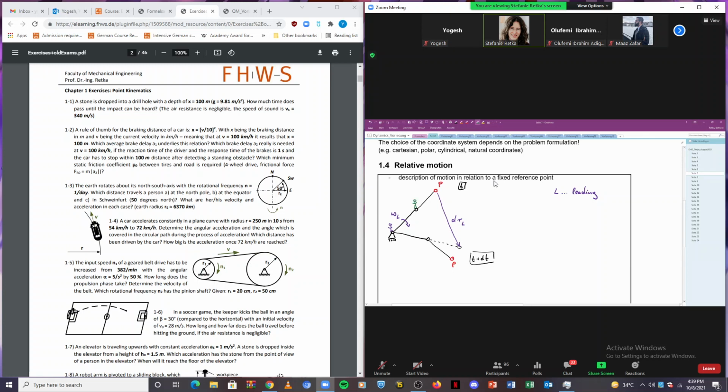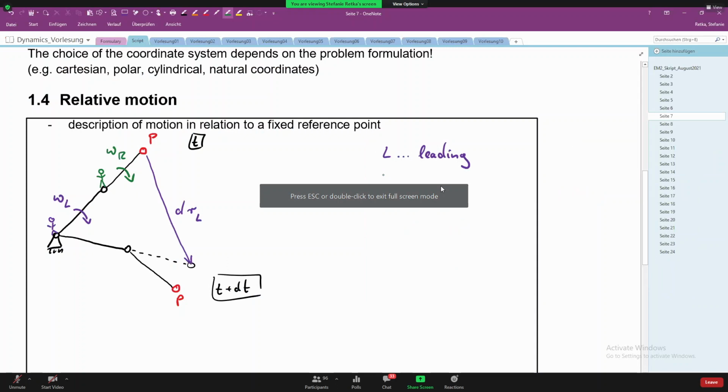Now I have a second observer. And what this person moving along with this joint sees is the pure rotation of the second rod, omega_R. R for relative. Since the person moves relative to the leading motion, it's a moving observer.